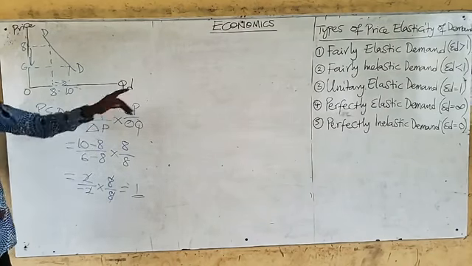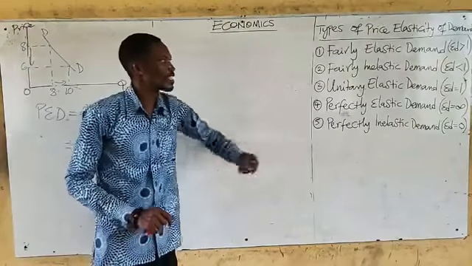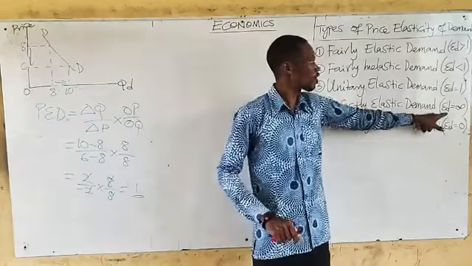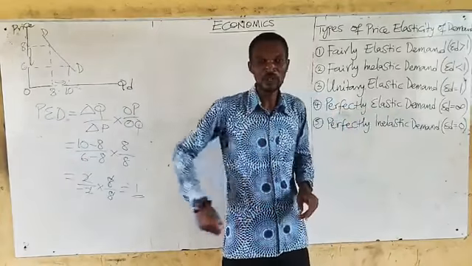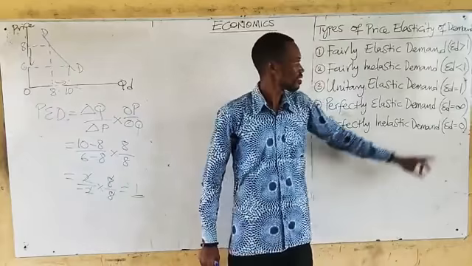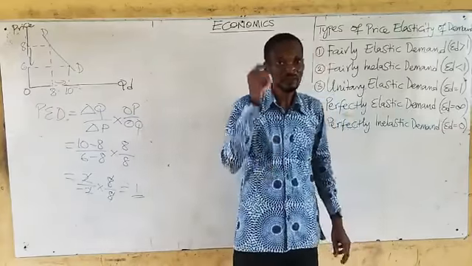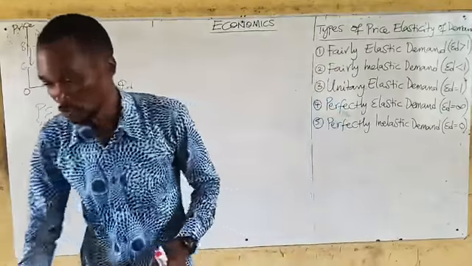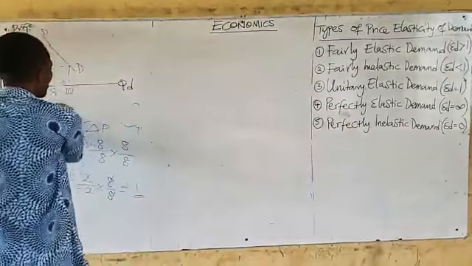Okay. Then we move to the next one, perfectly elastic. That one, we said that the elasticity of demand, the answer you are going to get when you calculate it, is undefined. This is undefined. That is infinity. So let's see if truly we are going to get undefined.